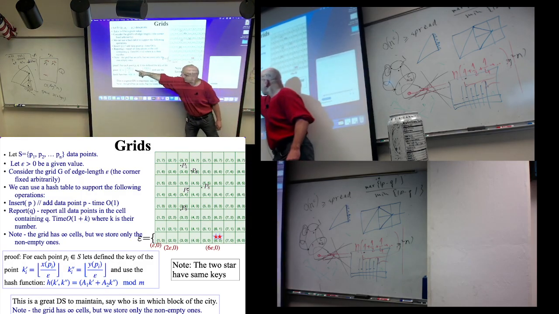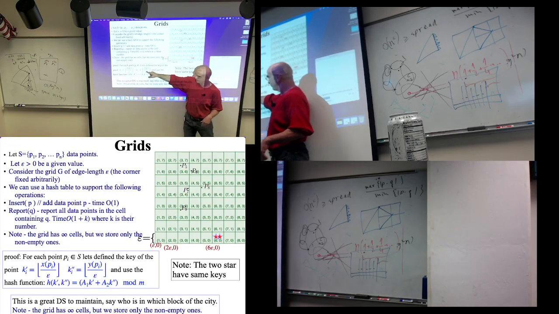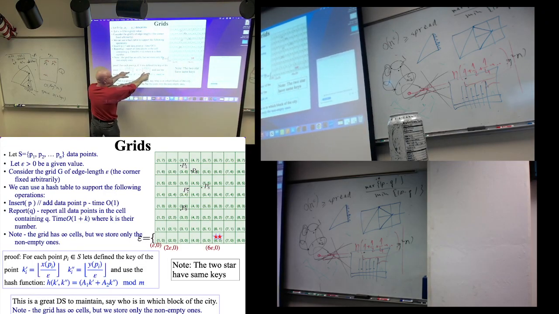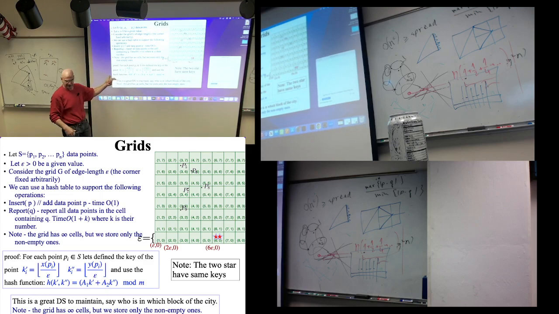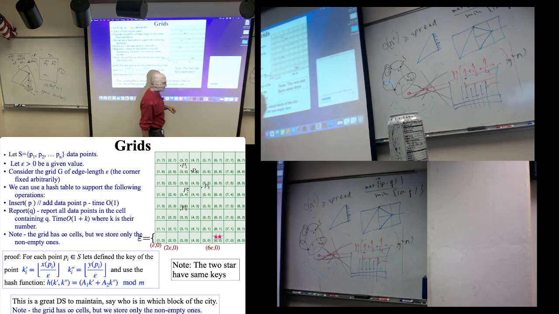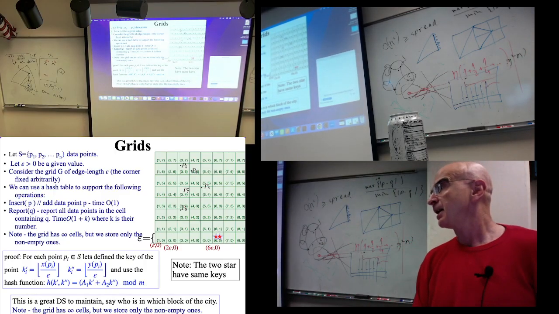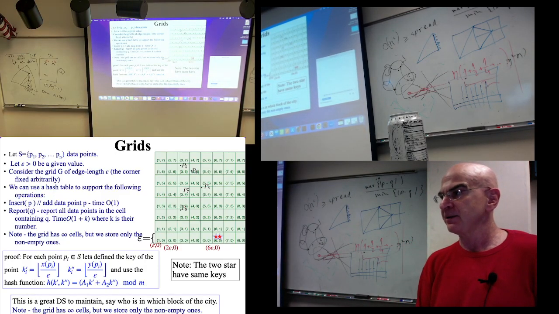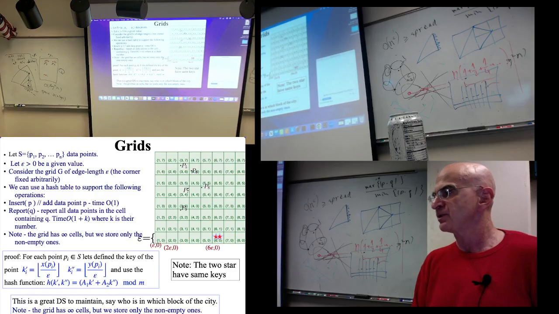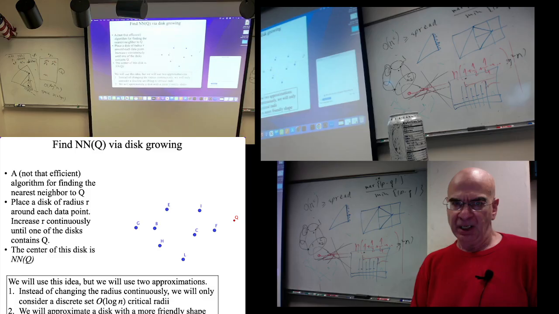So I'll take the x value divided by epsilon and the y value divided by epsilon, and look at the rounded value of both of them. These are two integers that uniquely specify which cell it is, so I can hash them. And how large is my hash table? Only as large as the number of non-empty cells. Even though in the grid you see billions of cells, only the non-empty cells, that is the number of data points, are relevant.